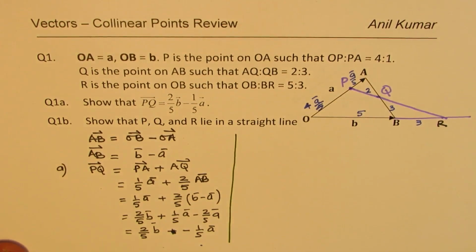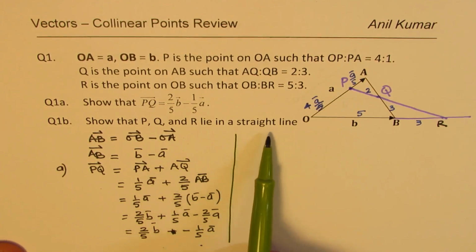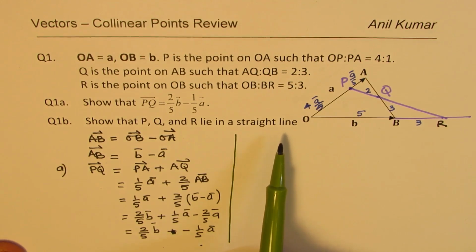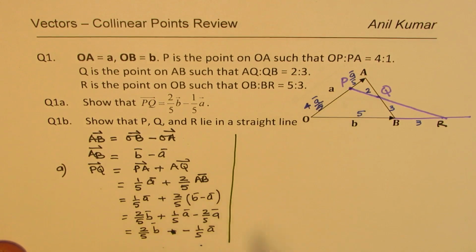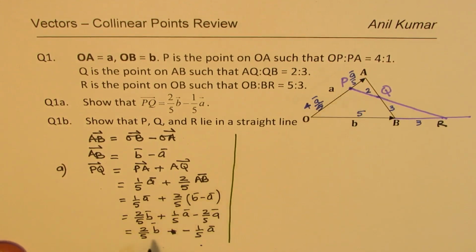Now, let's look into part B. We need to show that P, Q and R lie in a straight line. Now, how do you do that? One way is that we know what PQ is, right? And if we get QR or PR in the same ratio, we need to have a scalar multiple, right?